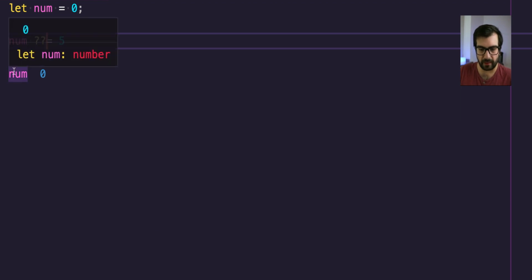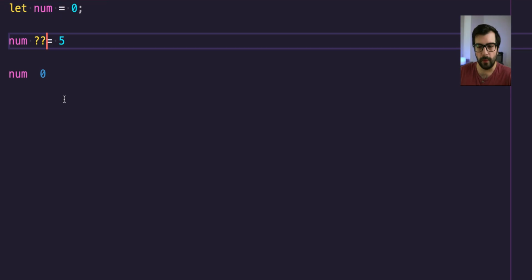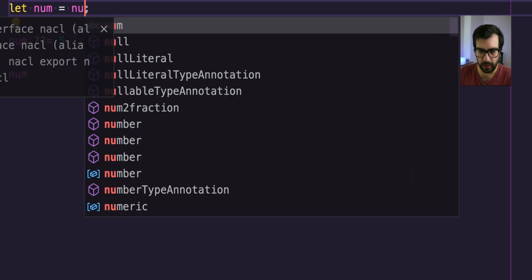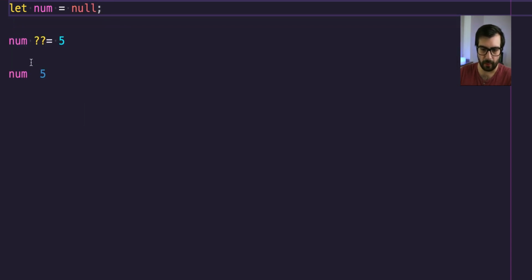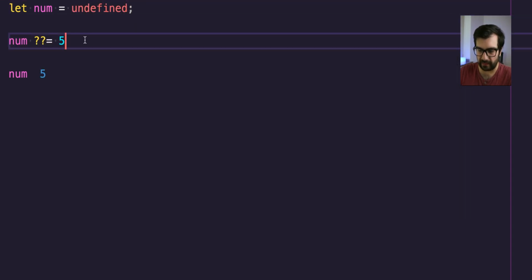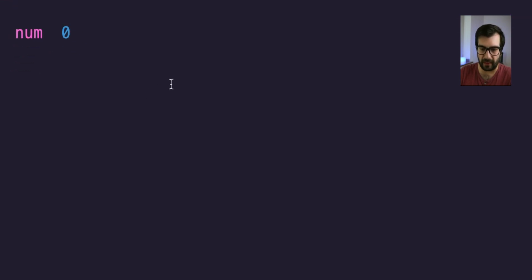We will see that num will stay 0. And this is because the double question mark, as we already know since it was introduced, only checks for null and undefined. So this means that if I change 0 to null, then num will be 5, and same thing with undefined. So basically here, if I go back and change it to 0, it will be 0.